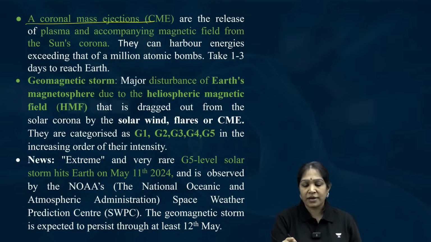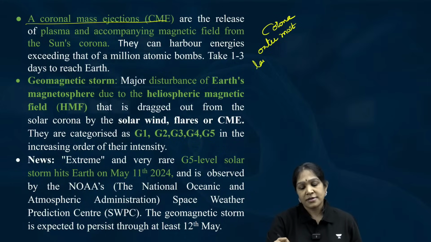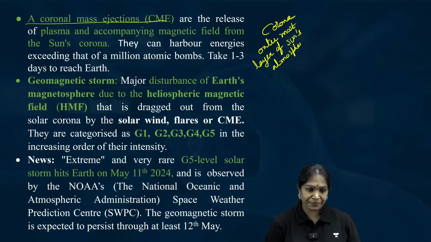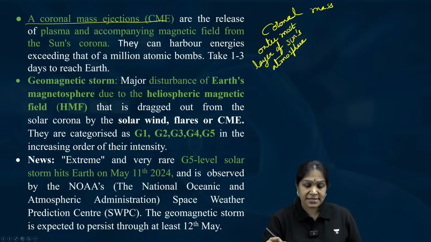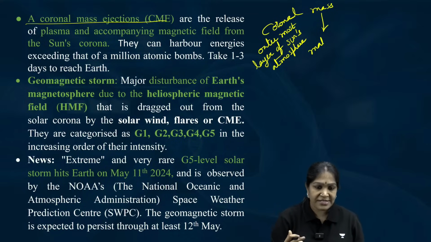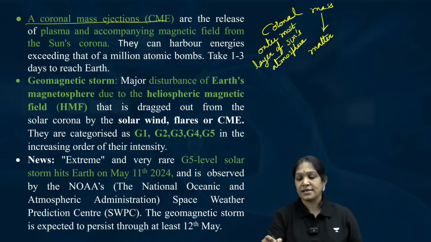Look at the word corona. First, what is corona? This is the outermost layer of the sun's atmosphere. So coronal mass. What do you mean by the word mass? Mass means matter, which has a physical existence.